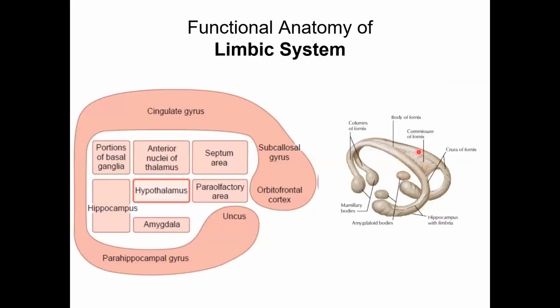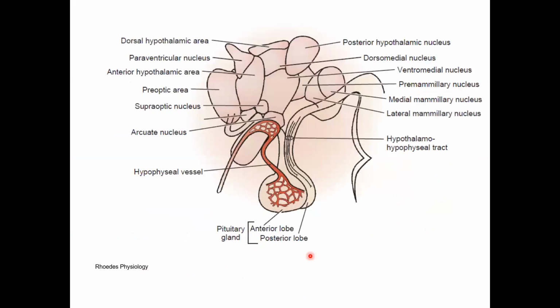This is just another depiction of this diagram. More real, but it's really the same thing. Okay, so this is a magnified view. I really like this diagram. There are many nuclei of the hypothalamus, as I'll show you in the following slides.